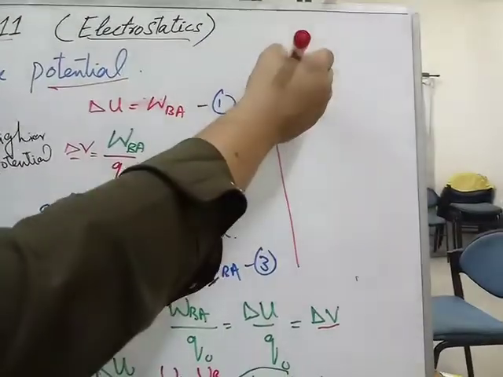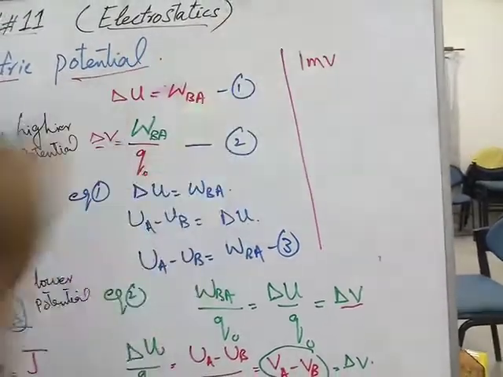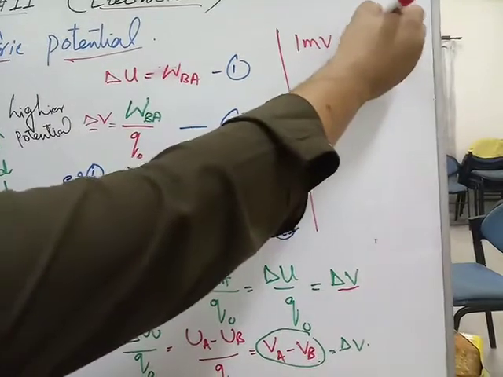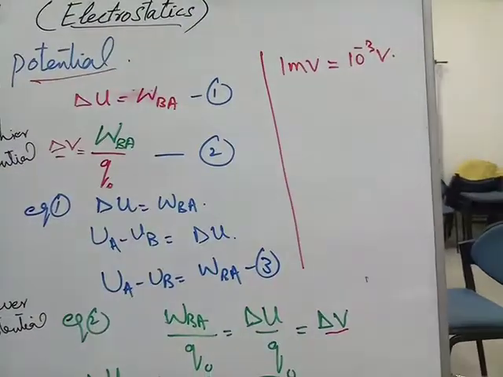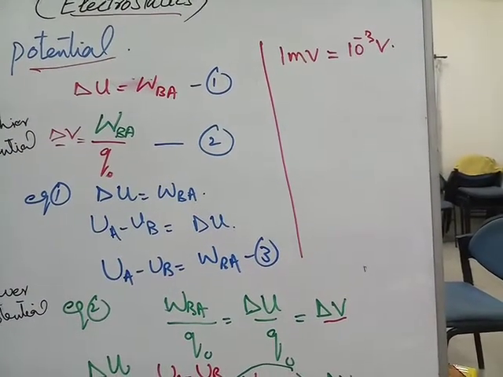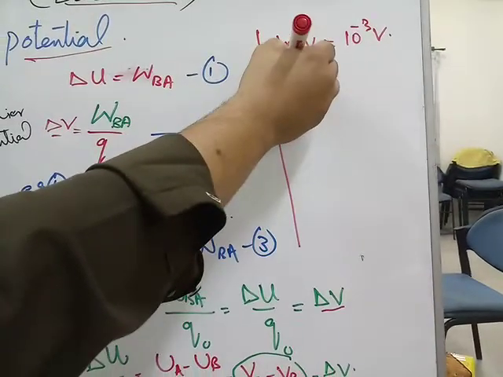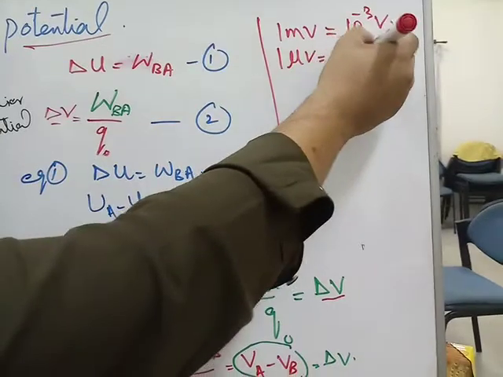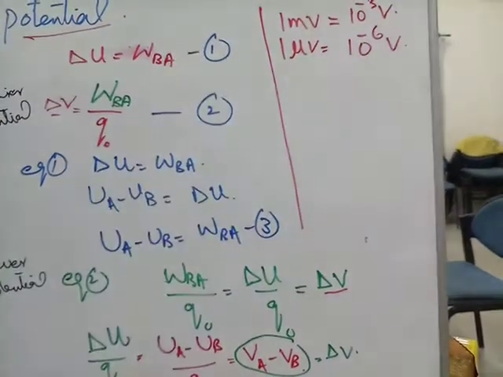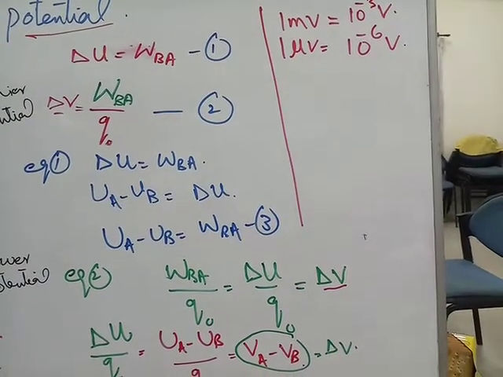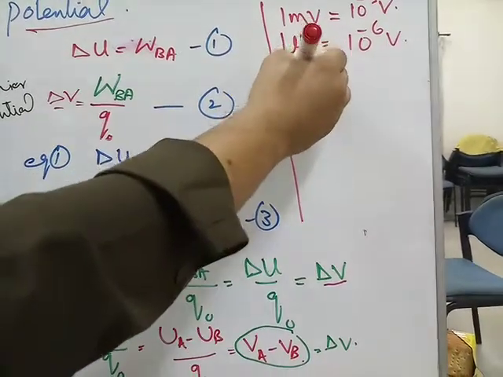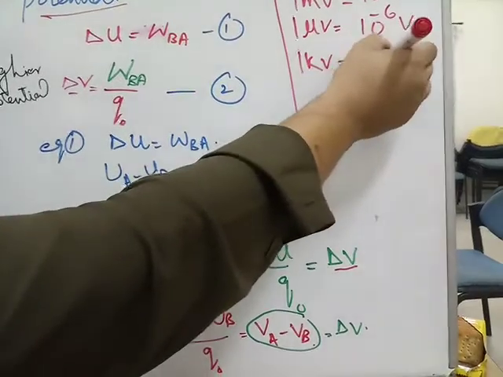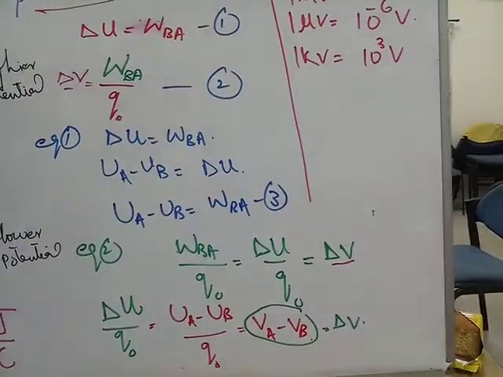We also use multiple units for volt. We can write 1 millivolt, and 1 millivolt is equal to 10 raised to the power minus 3 volt, and we also use 1 microvolt, which is 10 raised to the power minus 6 volt. 1 kilovolt is equal to 10 raised to the power 3 volts.